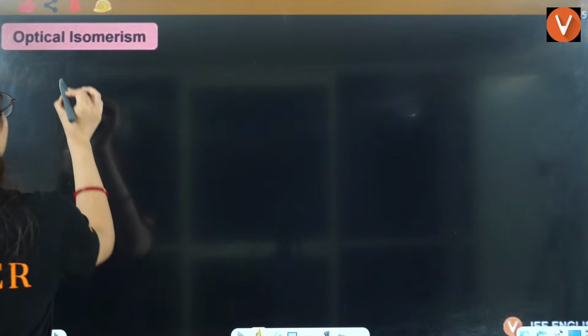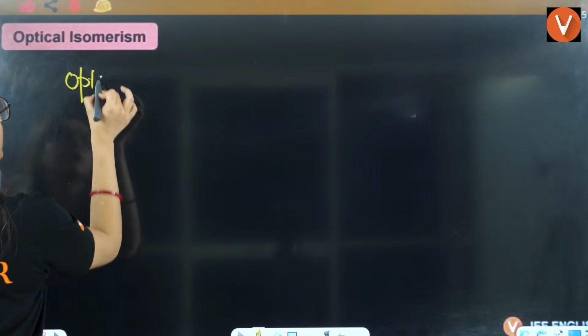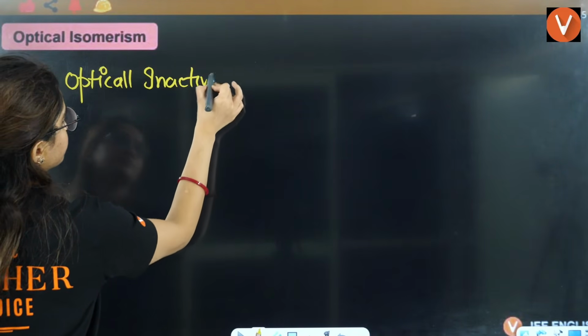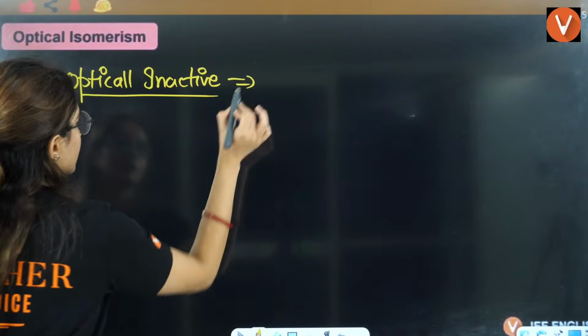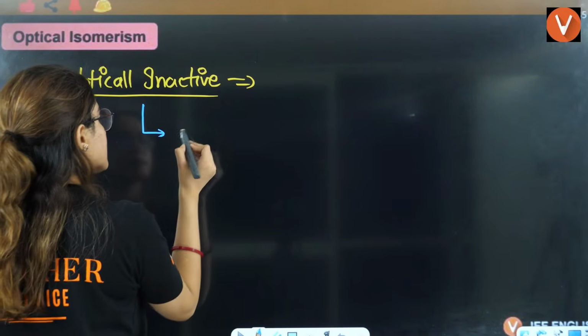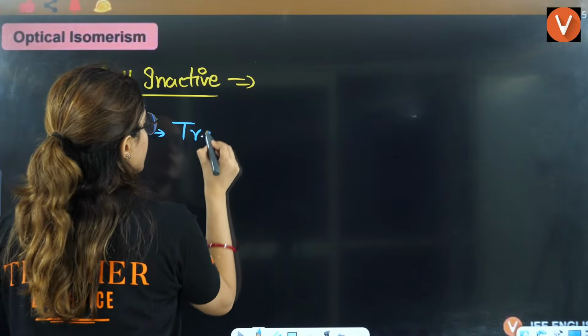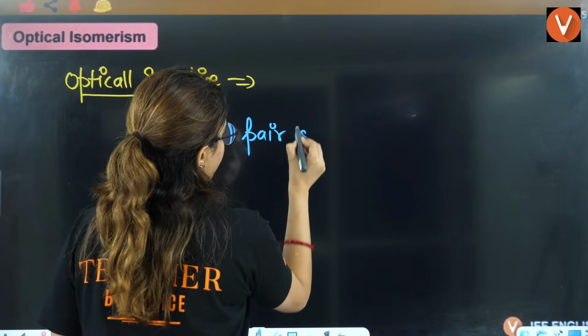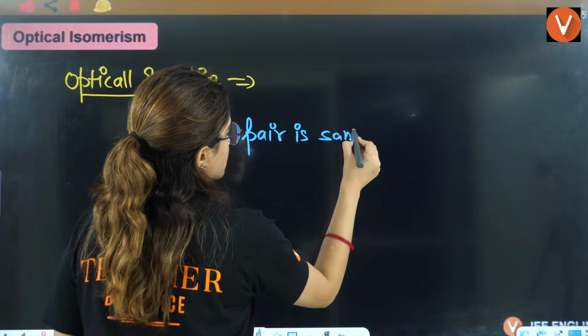The trick says that a compound will be optically inactive if, first point, it has this kind of pair, A, B, B, right? Same type of trans pair, same ligand.